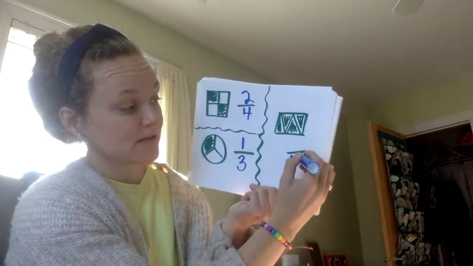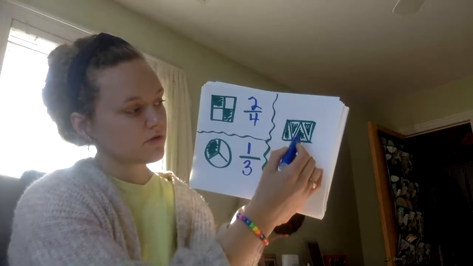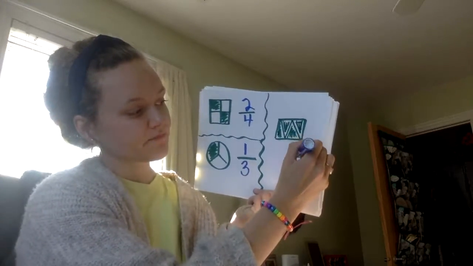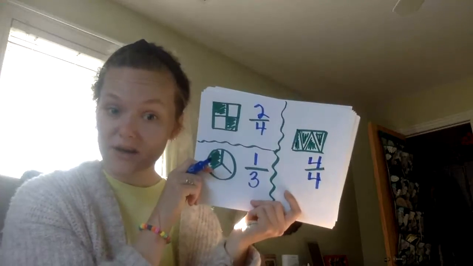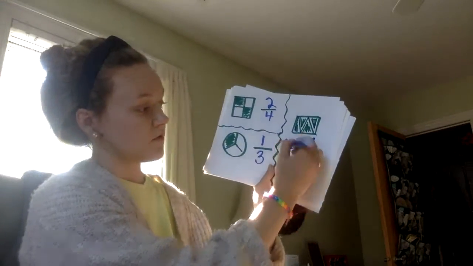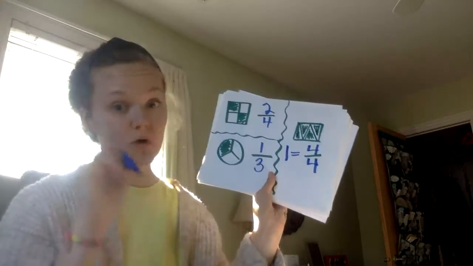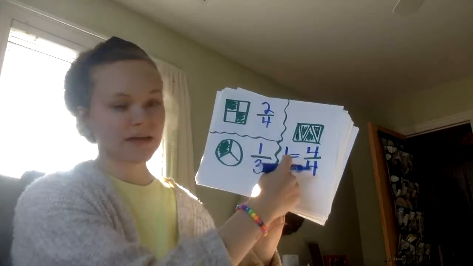So 4 is my denominator. And what's my numerator going to be? How many are shaded in? 1, 2, 3, 4. 4/4. Another way we can say that is just 1, right? This whole shape is colored in, one whole shape. 4/4 equals 1.